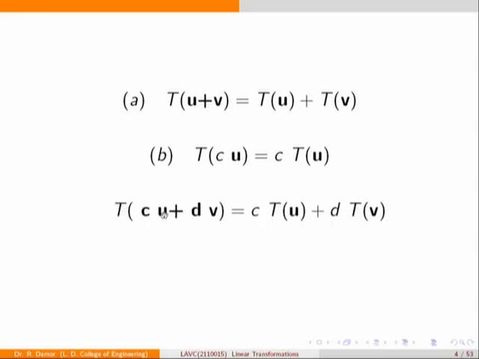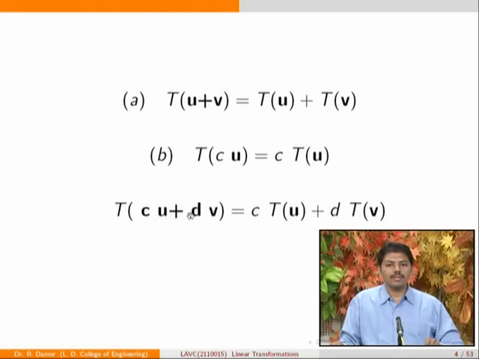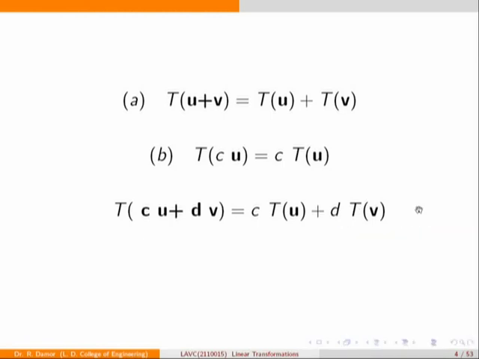I can write T of C into U plus D of V, taking two constants C and D such that their linear combination C of U plus D of V satisfies this: C T of U plus D T of V. Clear?